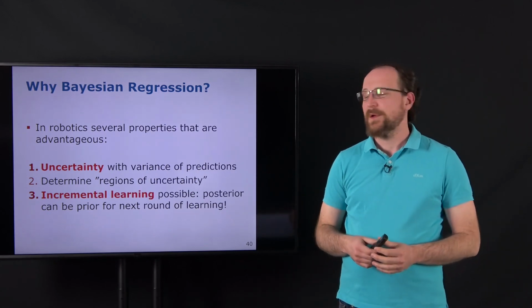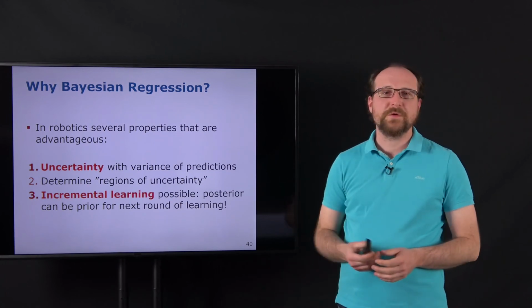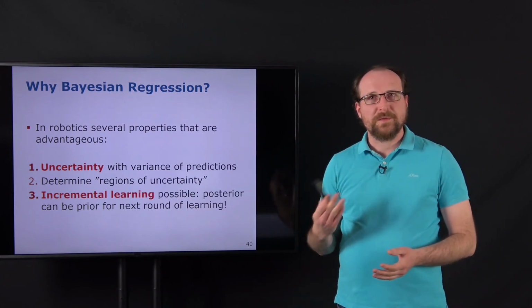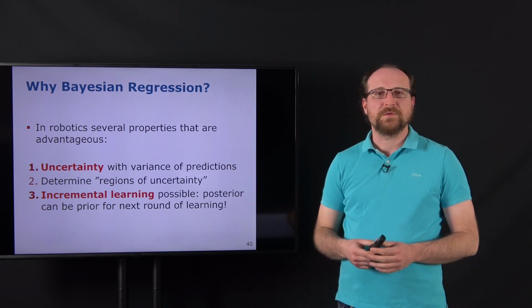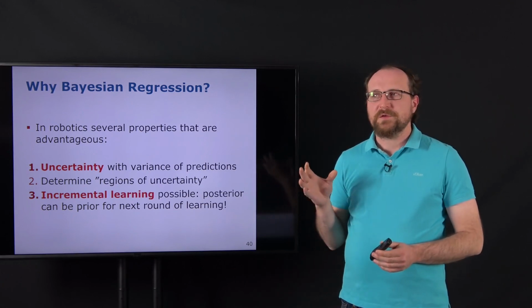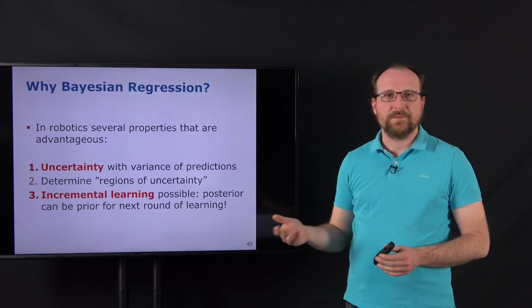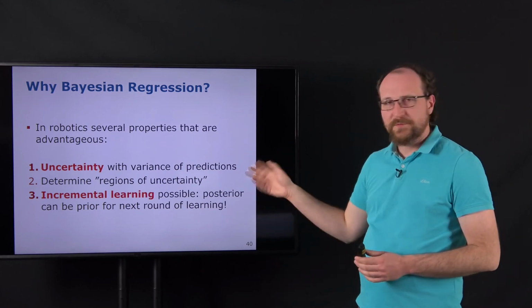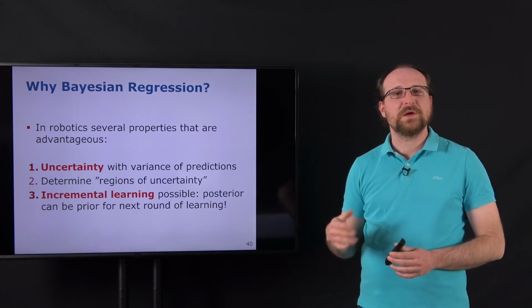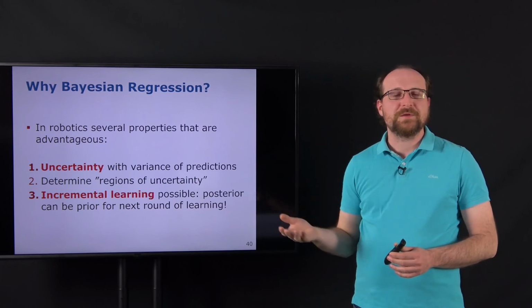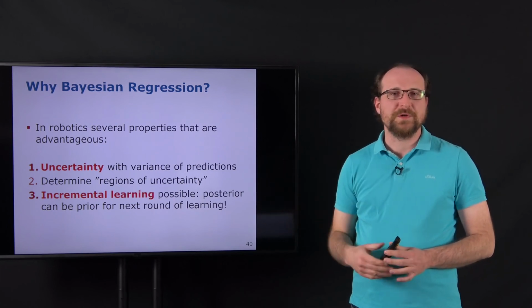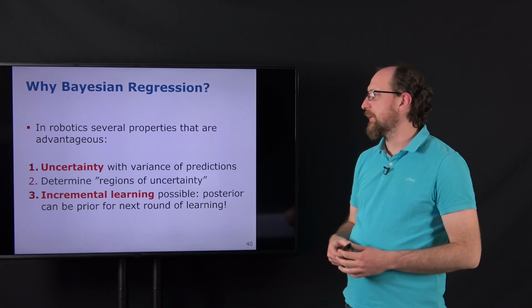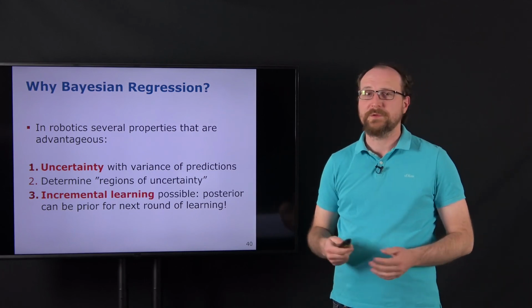So incremental learning is really an advantage in the end, because you can just take new data, do the fitting again, or just use the equations again, and get an updated posterior. With this you can do incremental learning, and this is really a big advantage.